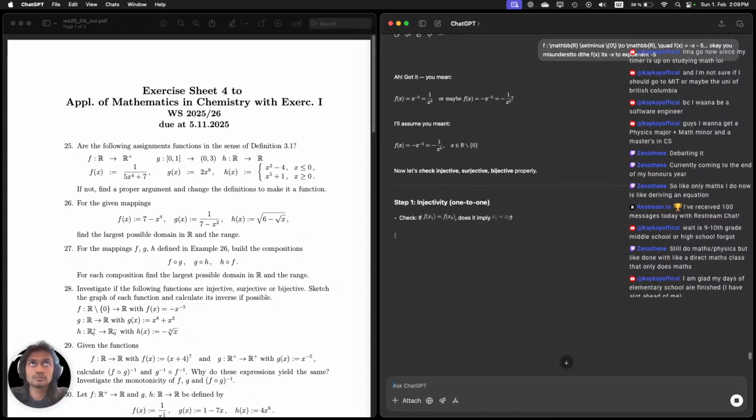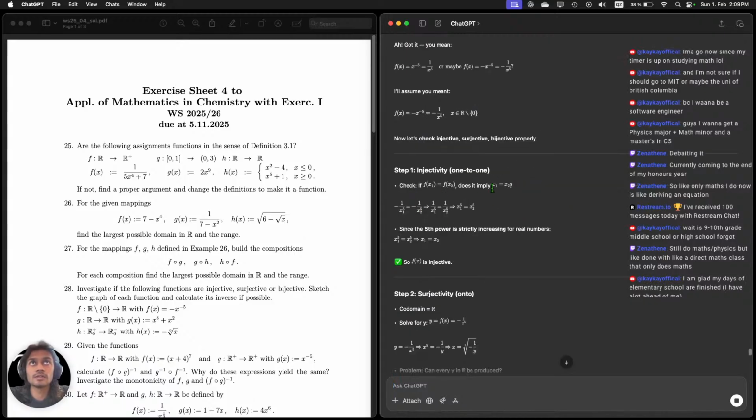I'll assume what you meant. Yep. Now let's check the injective. Check if it does imply x1 equals x2.